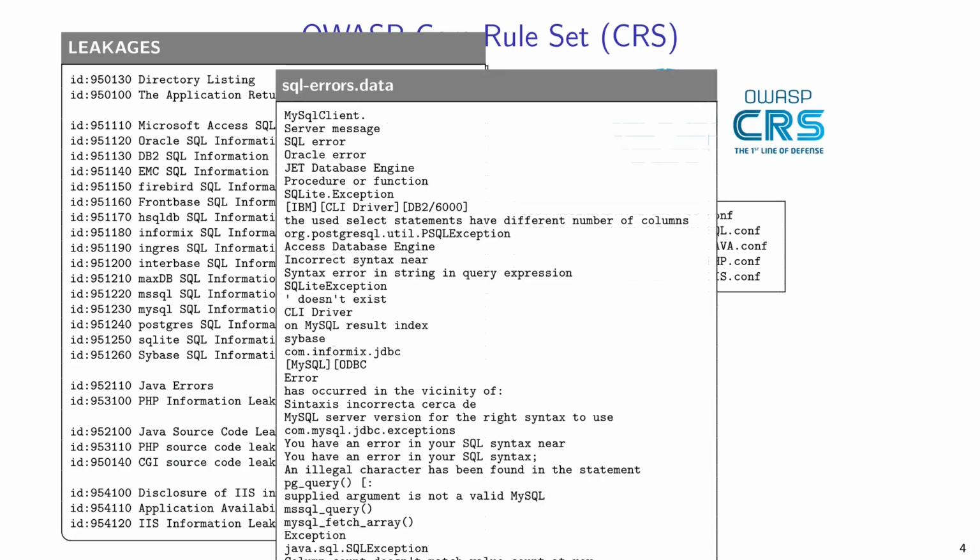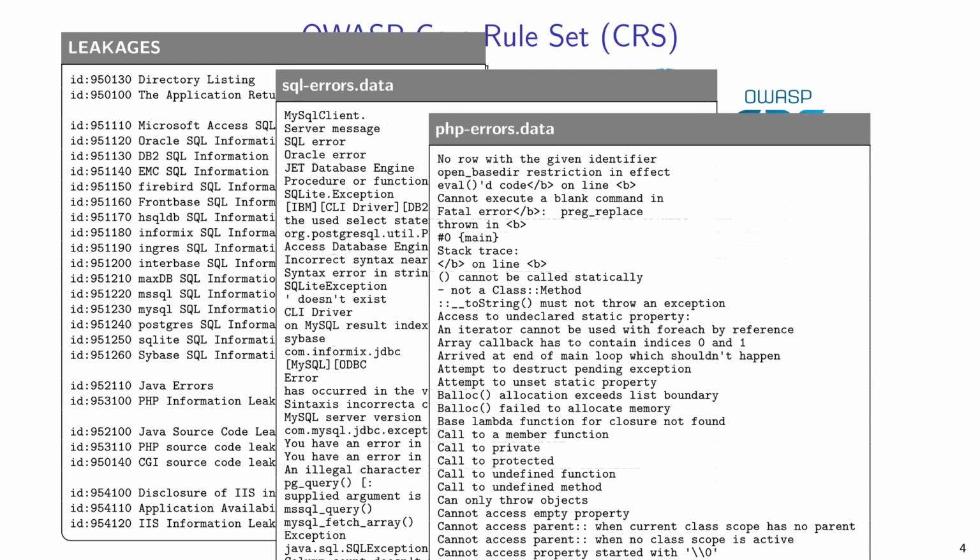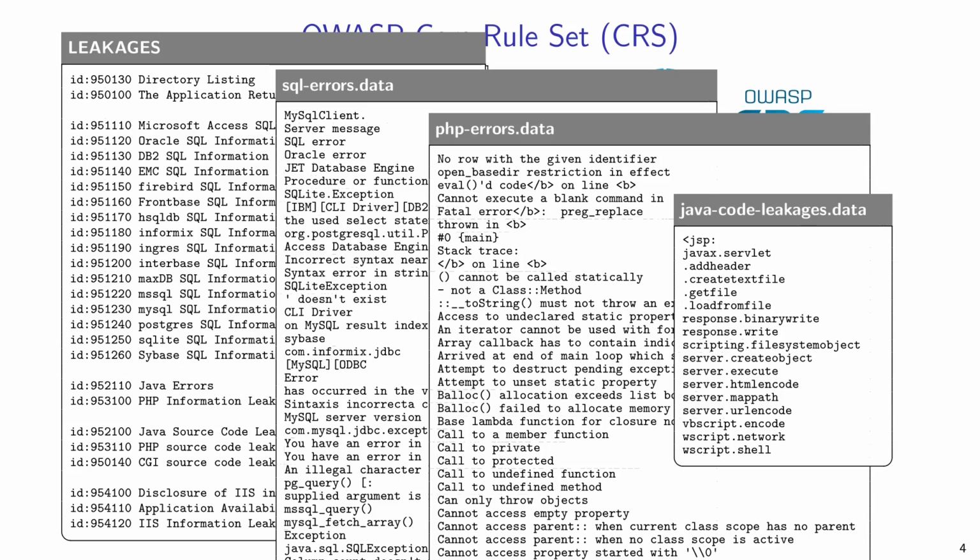Here, a database of SQL error strings is used, also a database of PHP error strings, and for Java code leakage, a database of Java-specific keywords is used to identify cases where Java application source code might be exposed.